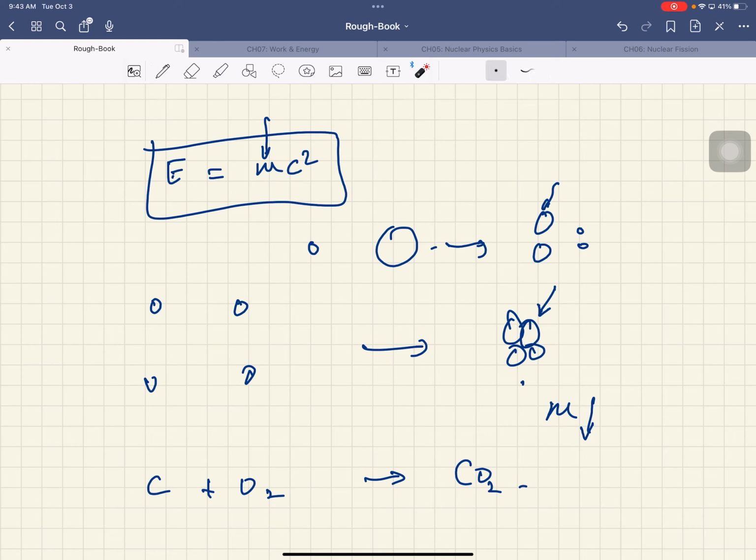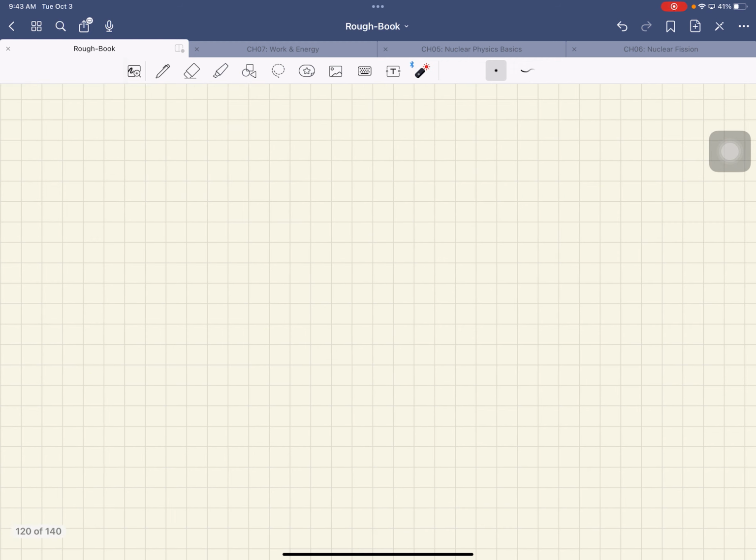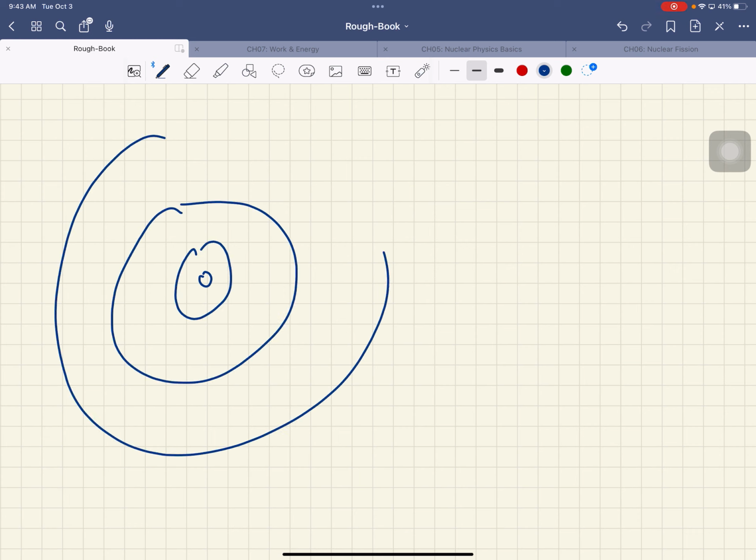To convert mass to energy, you have to have some process. If you burn something, this is a very simplistic analogy, and it's made up.